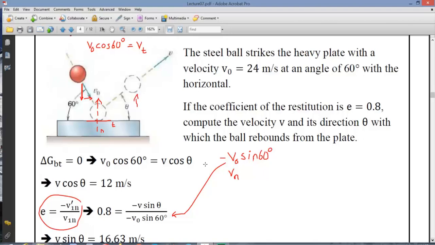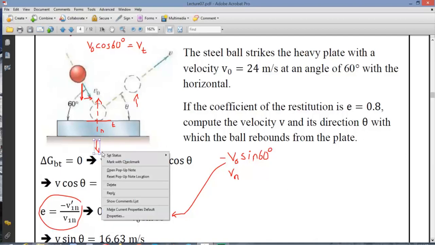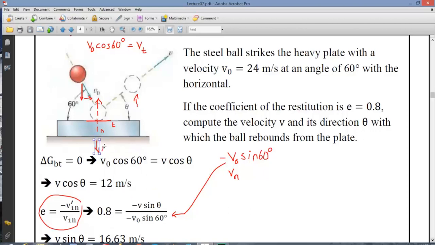But if you have chosen this as a plus, then it will be a minus sign, because the normal direction in that case would be in the downward direction. Okay, if you chose the normal direction in this way, which we did not, so forget about this.